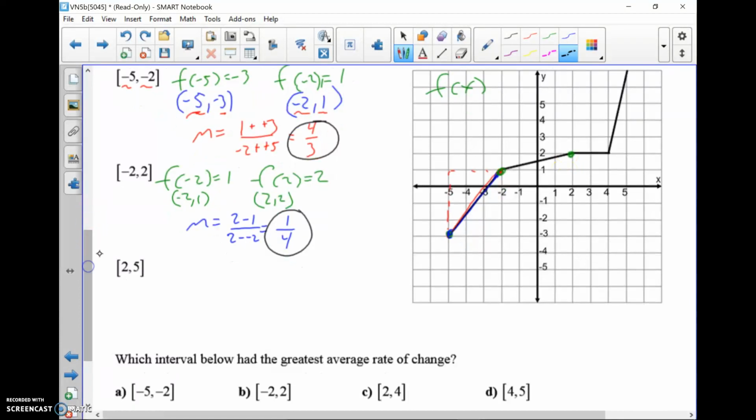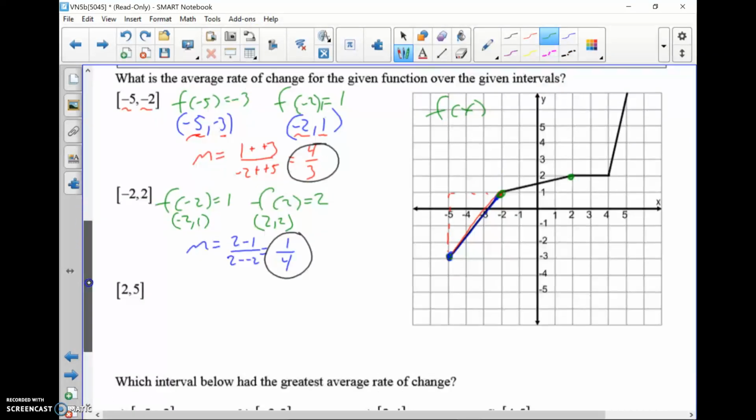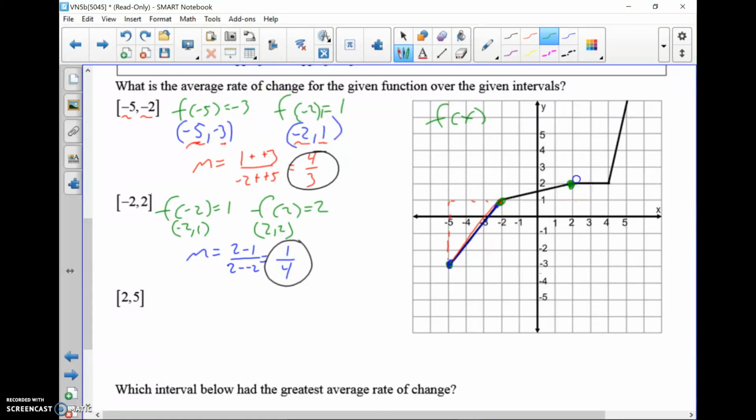All right, and our third example here is from 2 to 5. So 2 here to 5 here. Now notice that this isn't a connected line segment. It doesn't have to be 2 points connected by a line segment. I could find the average rate of change from here to here. It could be any 2 points on the graph. They don't have to be connected. But this is what I'm basically finding now, is the slope between those.